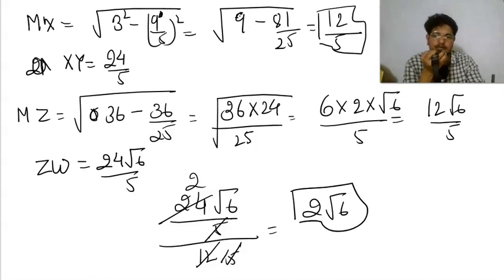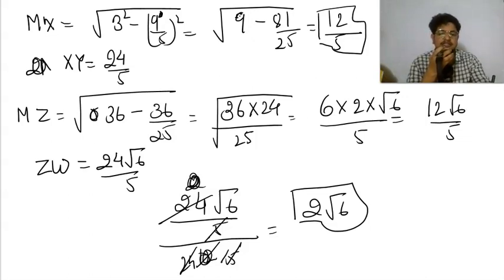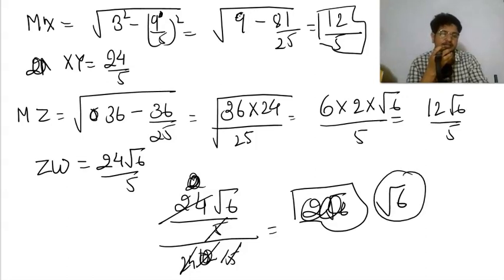Sorry, I made a mistake here, zy is equal to 24 by 5. So 24 cancels 24, it will not give 2, instead it gives 1. So the answer will be root 6. This is the answer of your second question.